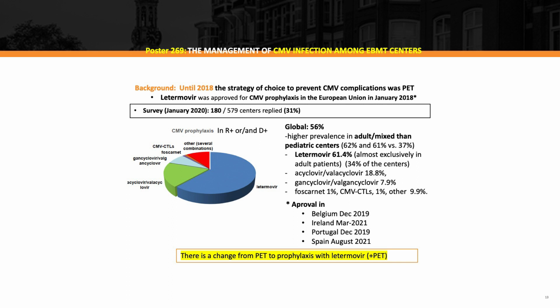You know that letermovir is not approved for pediatric patients. And you have to take into account that many countries have no access to this drug. So this is really a historic change. We moved from preemptive therapy to preemptive therapy plus letermovir as the best prophylactic strategy to prevent complications in allogeneic stem cell transplantation.